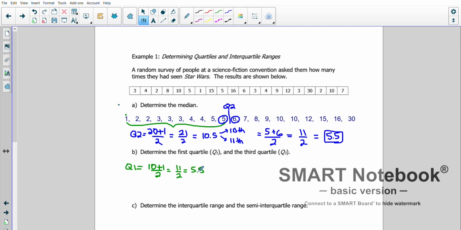So 5.5, so I'm going to want the 5th and the 6th. So 1, 2, 3, 4, 5, and 6. So it's right here. There's the 5th and the 6th. I want the middle of that. So it's going to be 3 plus 3, which is 3. 3 plus 3, and then the average of that.